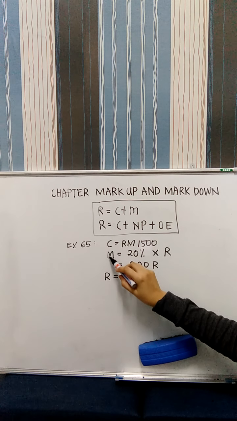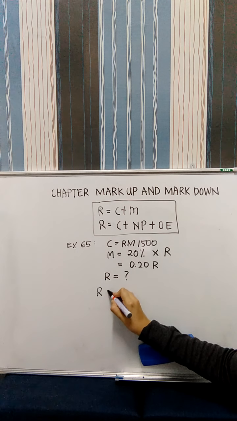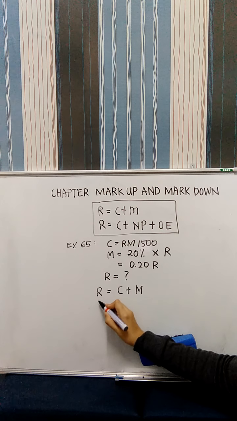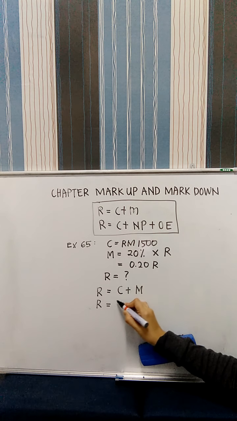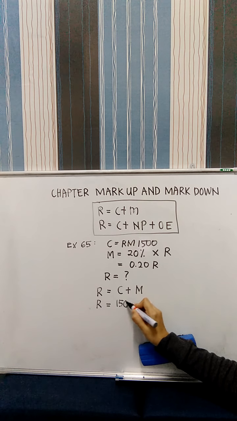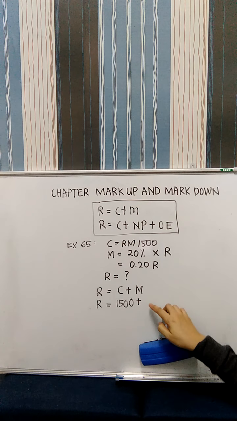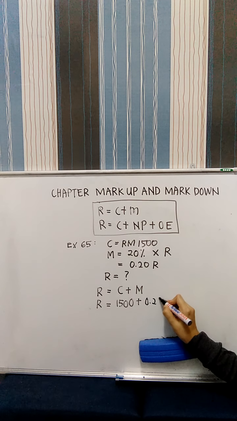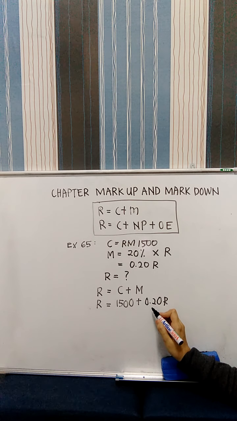So you have C and M. So R equal to C plus M. So R equal to C, C is 1500, plus M. M here equal to 0.20 R. So we need to find the value of R.